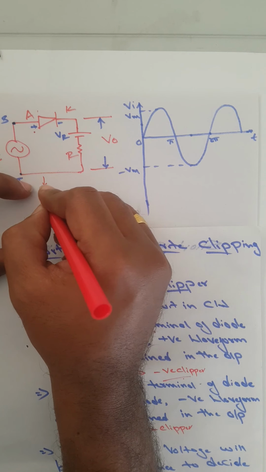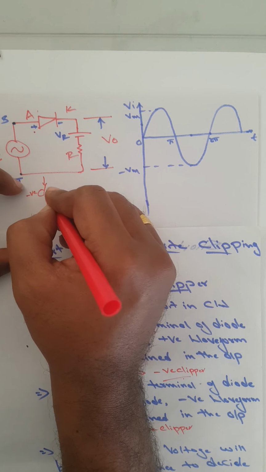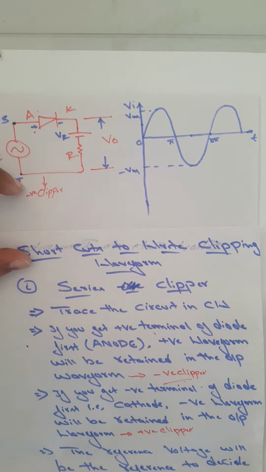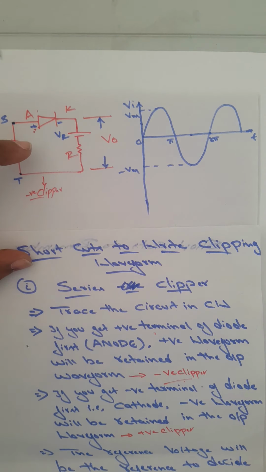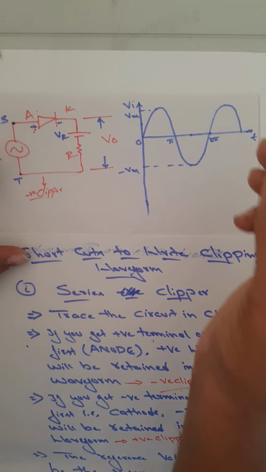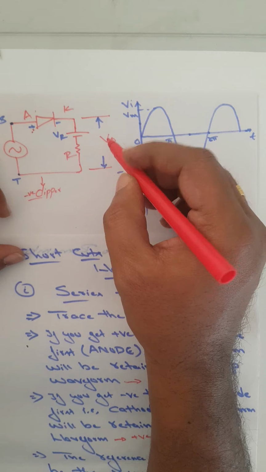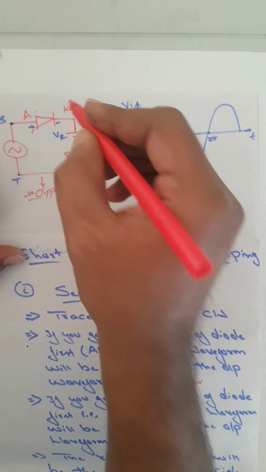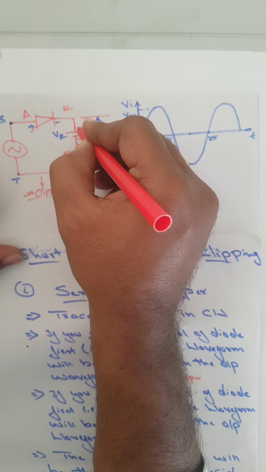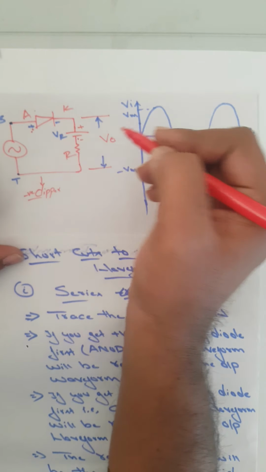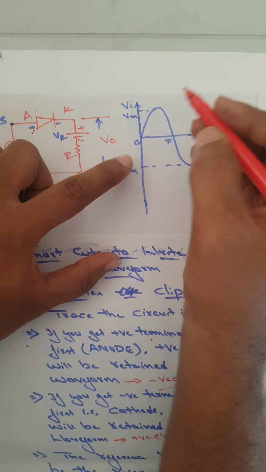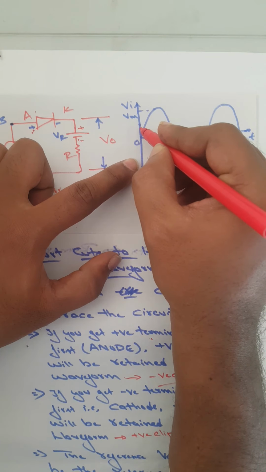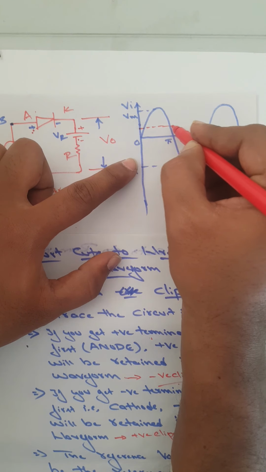So this circuit is a negative clipper, because I get the positive terminal first. Which will decide the negative? Since there is a reference, while tracing I get the positive terminal of the battery first. It means the reference should be in the positive region, above the zero axis, somewhere here.